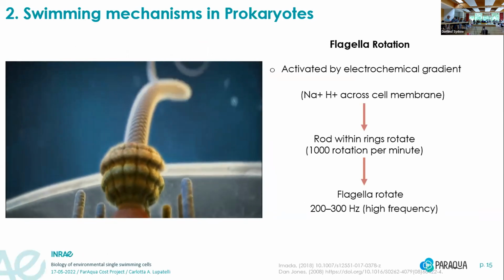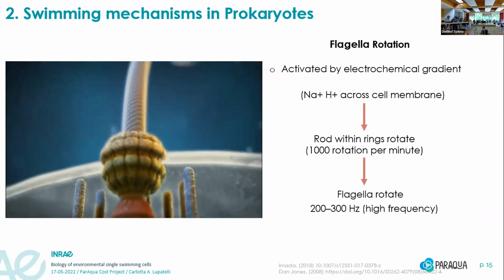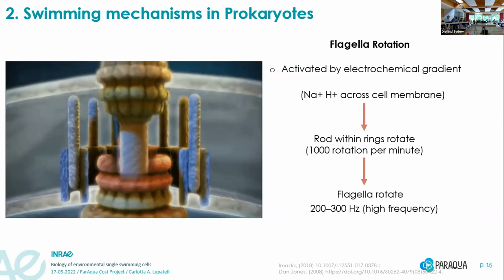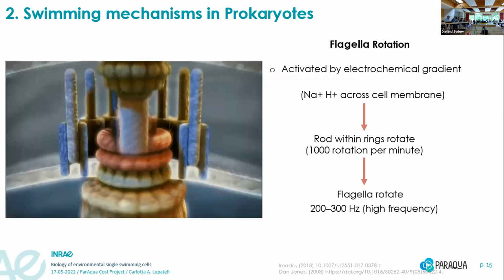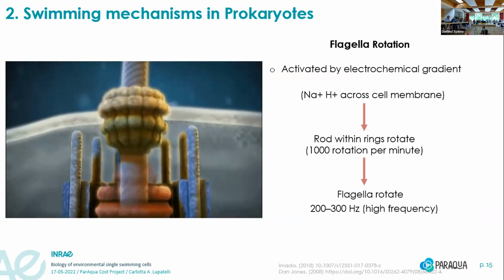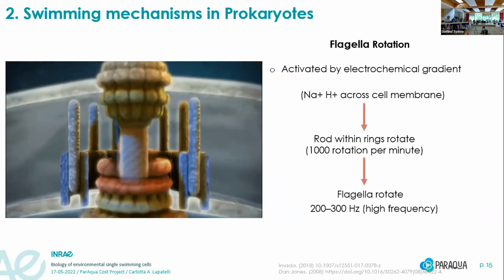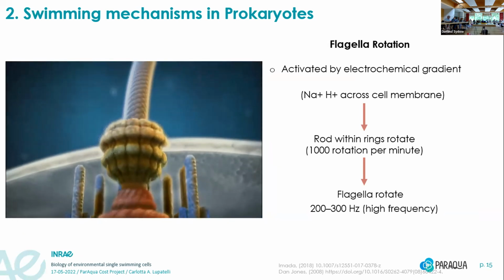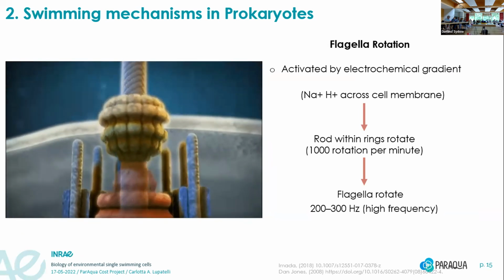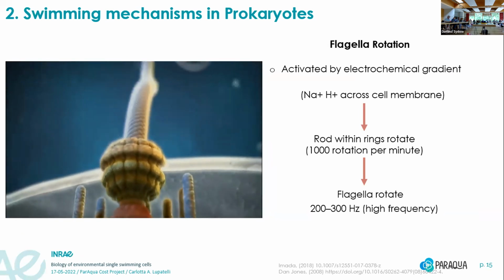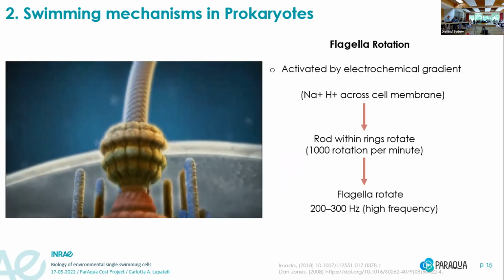So basically the principle is that flagella rotate, and the rotation of the flagella is activated by an electrochemical gradient which is generated on the cell wall of the bacteria. Basically, we have a flow of hydrogen and sodium ions which go across the cell membrane, and this flow will enable the rod within the rings of the basal body to rotate.